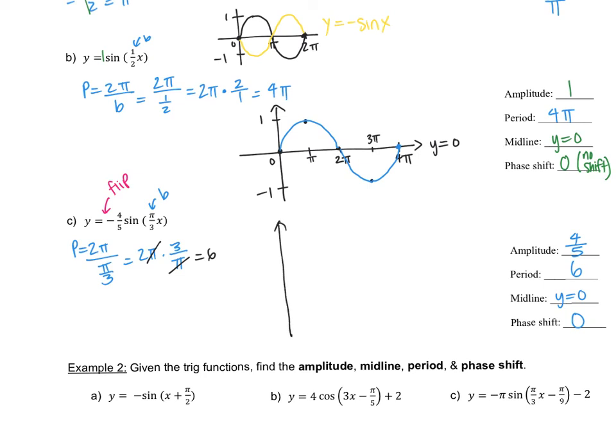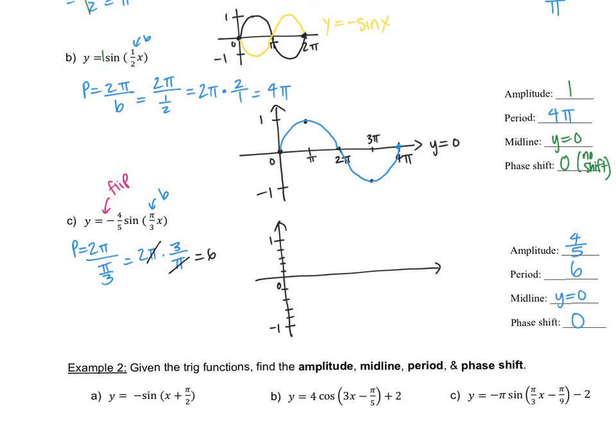So I'm going to draw my coordinate system, and I'm starting at 0 because I have no phase shift here. And my highest point is going to be at 4/5. So that's not bigger than +1. So let me make some little dash marks. So that'd be 1/5, 2/5, 3/5, 4/5, 5/5. Again, I'll do that in the opposite direction. So that'd be 1, 2, 3, 4 to kind of show the fifths.